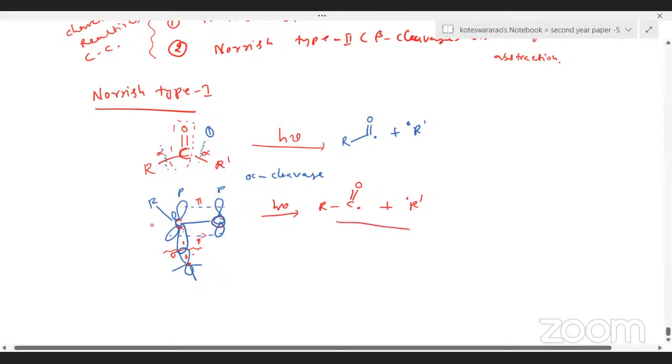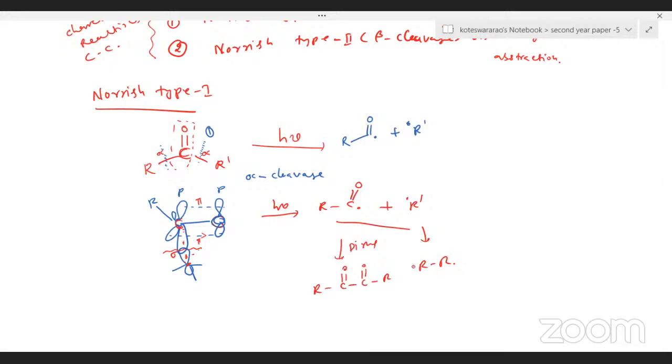Now these intermediates further react by dimerization, which leads to the formation of diketones, or simple alkanes will be generated, or they can recombine together to produce the same product.